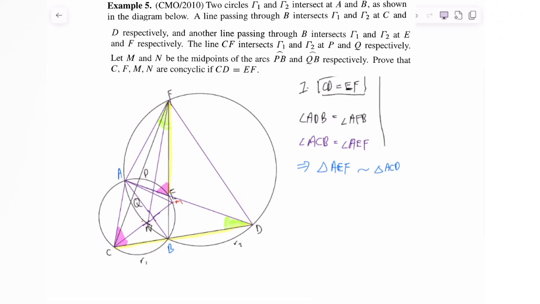And it's not only similar in this case, it's congruent, because CD equals EF. Now this tells you that AF equals AD. We match the sides here. So AF and AD are equal.